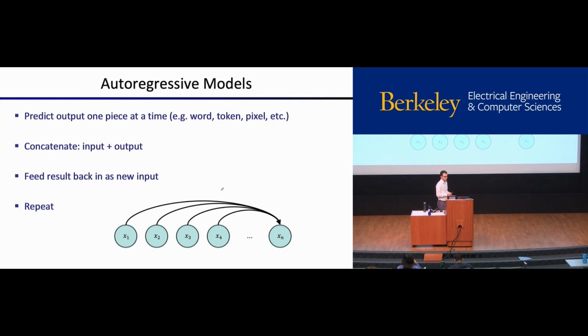With the autoregressive model, how does it predict each next word or next token? I haven't told you necessarily how it predicts, but you can think of it as a classification problem where you have, let's say, n tokens in your vocabulary. You want to predict the probability that the next token is this particular token.